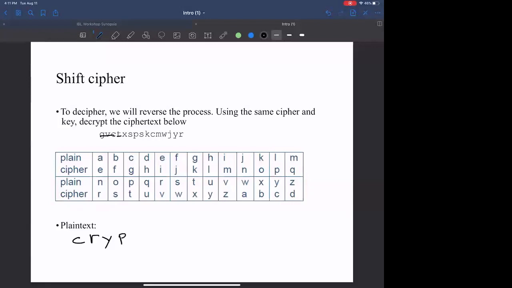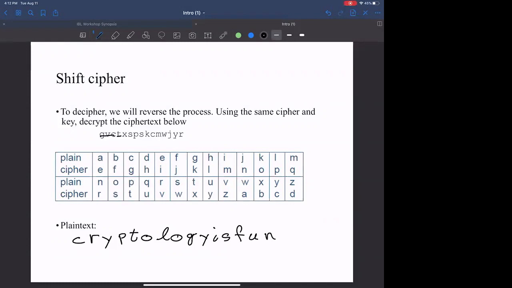T is P, X is T, S is O, P is L, S is O, K is G, C is Y, M is, oops, M is I, W is S, J is F, Y is U, and R is the letter N. And so this is plain text.